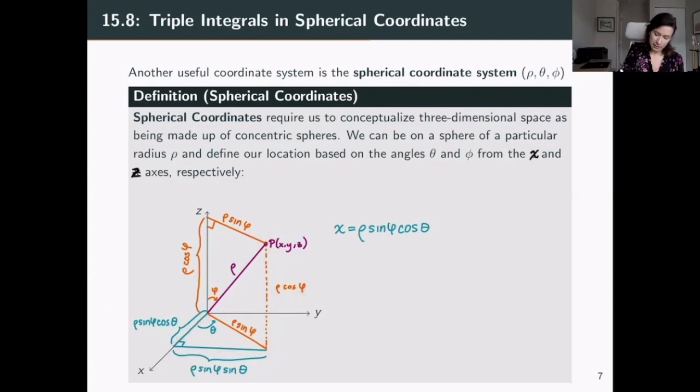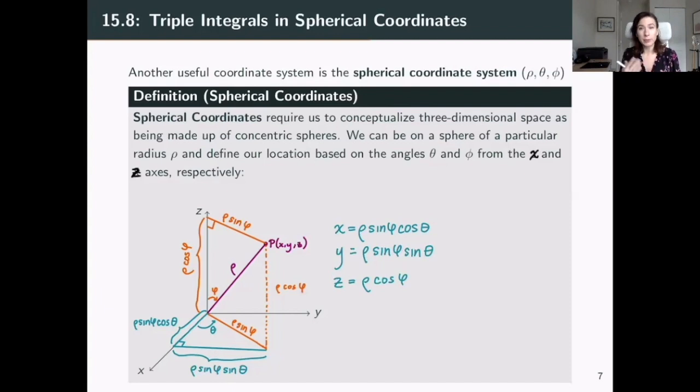Similarly, our y is going to be equal to rho sine of phi, sine of theta, and our z is going to be equal to rho cos of phi. We have this so that we can now set up a given triple integral in terms of spherical coordinates.